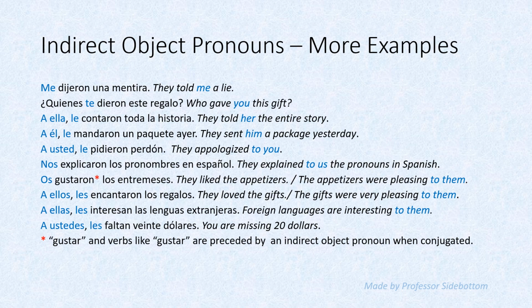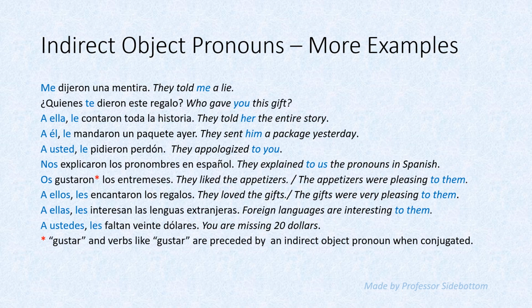Nos explicaron los pronombres en español. They explained to us the pronouns in Spanish. Os gustaron los entremeses. They liked the appetizers, or the appetizers were pleasing to them. A ellos les encantaron los regalos. They loved the gifts.